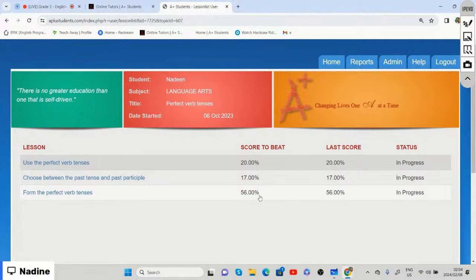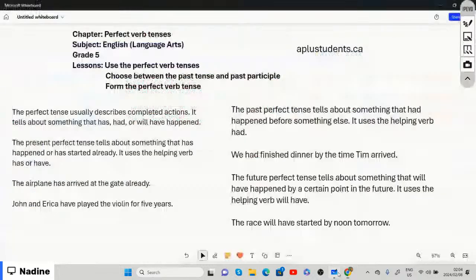So the chapter is perfect verb tenses. Our subject is English language grade 5.